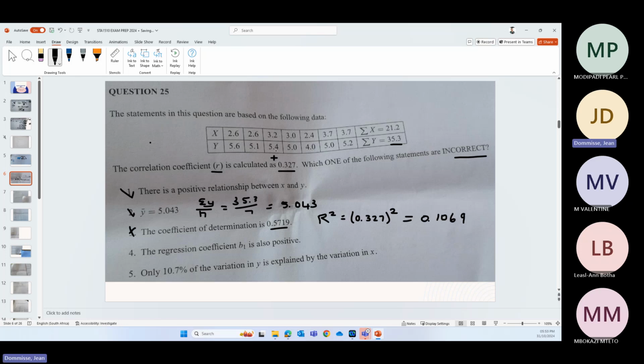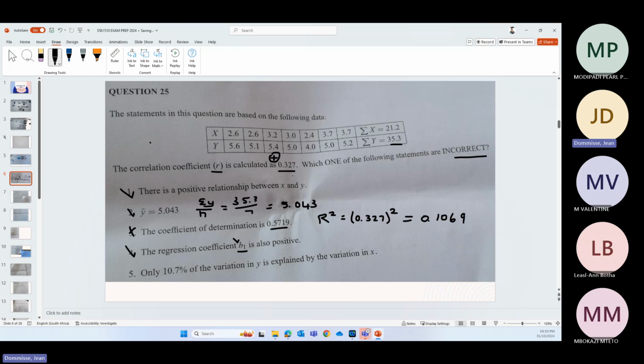So again, we didn't need Excel with the information that they've given us. The regression coefficient B1 is also positive. That is correct because if your correlation coefficient is positive, we know that your regression coefficient is also positive.